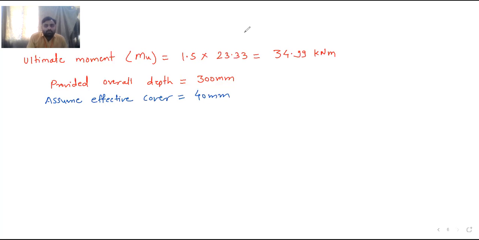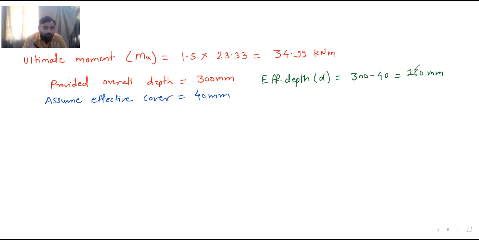Okay. So then effective depth, this is your small d, it is equal to 300 minus 40, which is equal to 260 mm. This depth we have already provided to our stem.